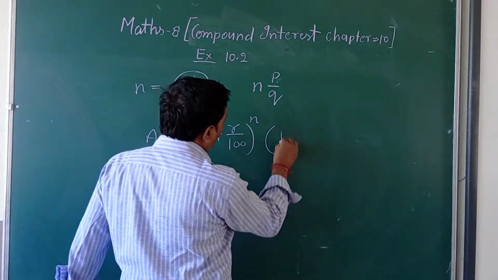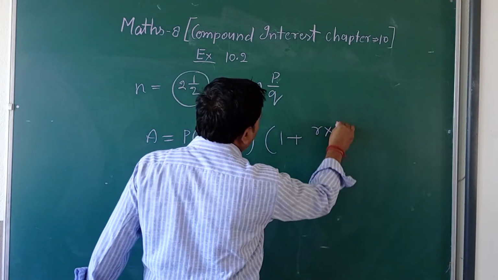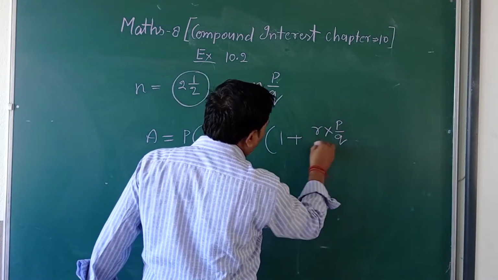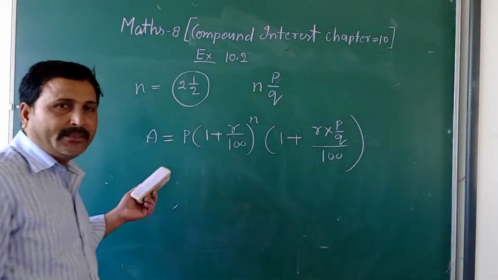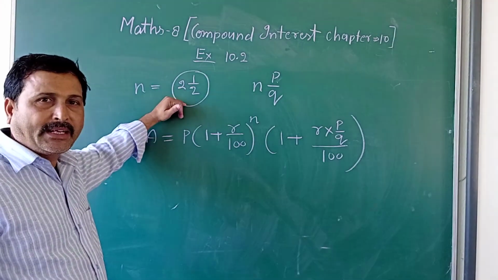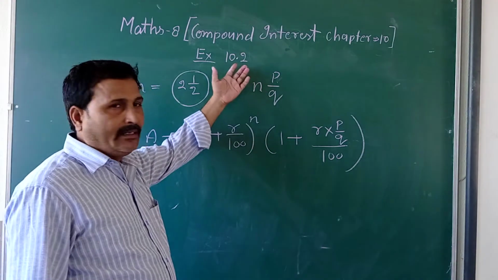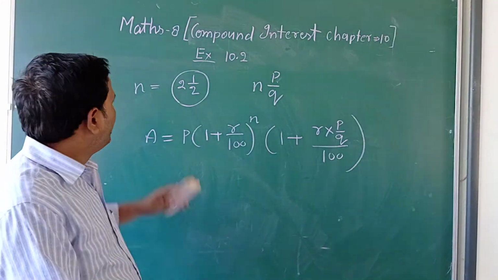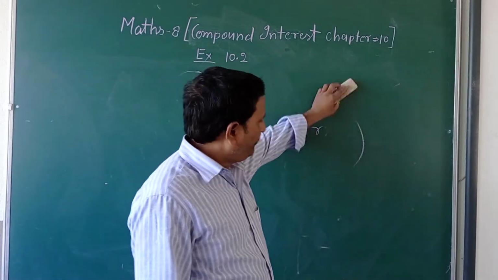After that, multiplied by (1 + (R × p/q)/100). That formula you can use. If time is given in a mixed fraction, this formula you can use for calculating the amount. See, one more question I am going to explain.